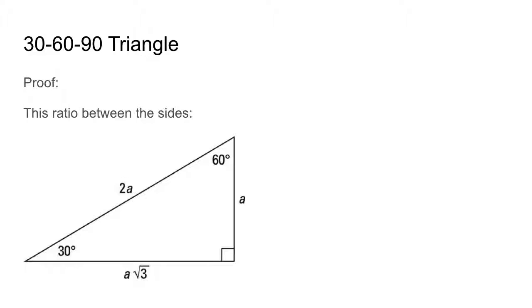So suppose that the hypotenuse has length x, which is opposite to the 90 degree angle. Then the shortest side, which is opposite the 30 degree angle, has length x over 2. And the side opposite the 60 degree angle is of length x root 3 over 2. That's what we're going to prove in this video.